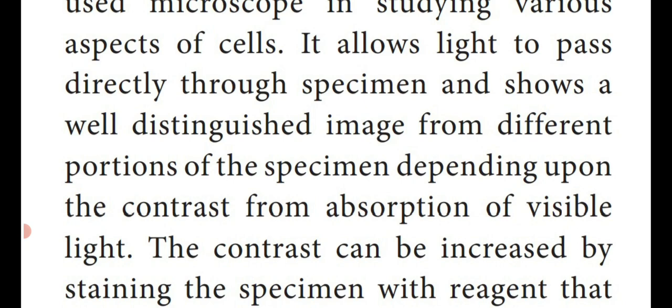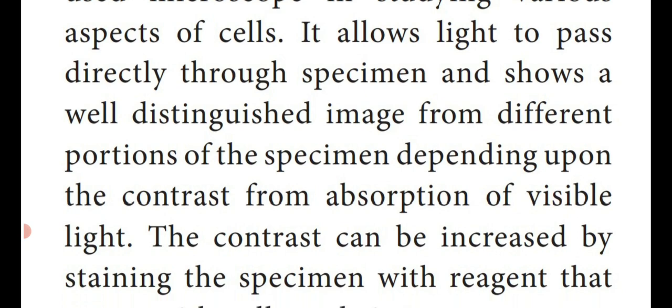So based upon the light, we can see the object in a distinguished manner which is placed under the bright light microscope. Depending upon the light rays only we can see the object placed under the microscope. It is said to be the bright light microscope.